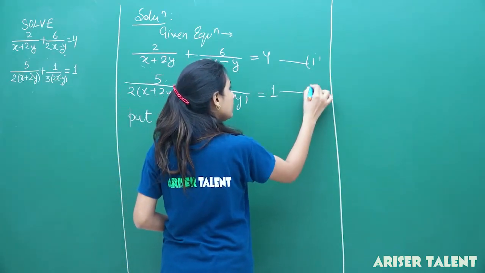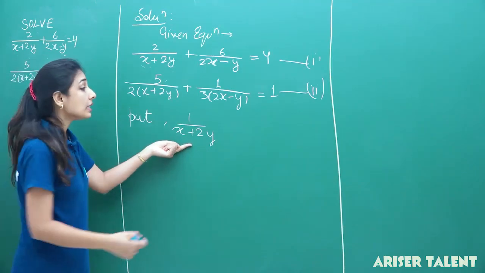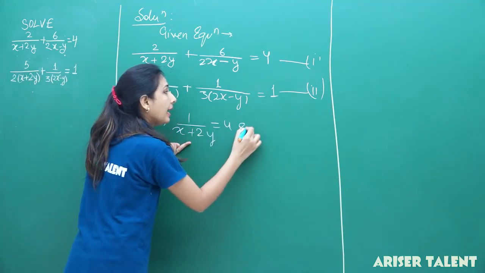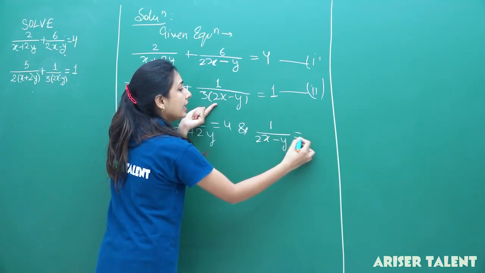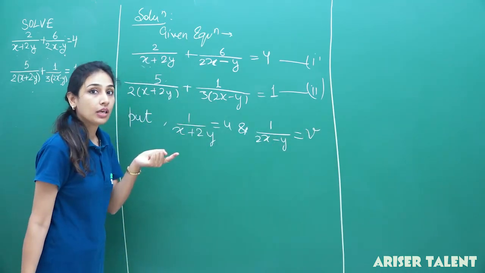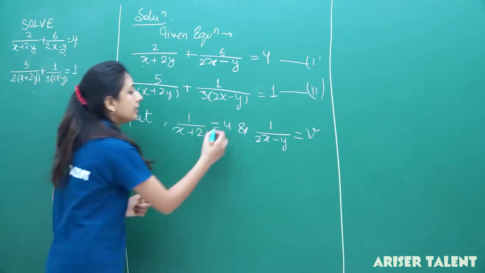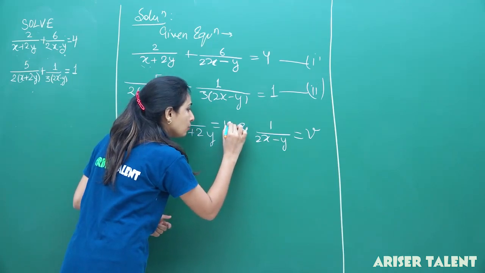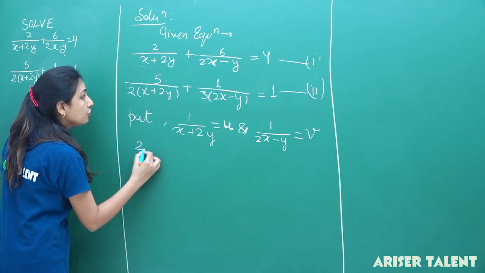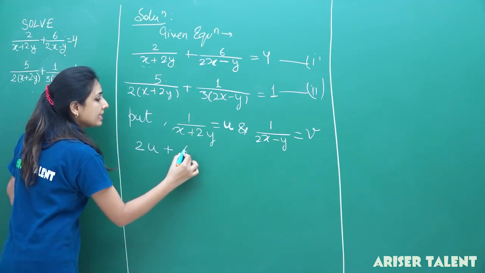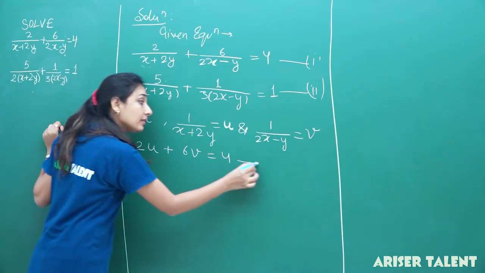So now 1 upon x plus 2y, students, it is u, and 1 upon 2x minus y, this is v. Now if I put these values in the equation, here it will be 2u plus 6v equals 4, which is my third equation.